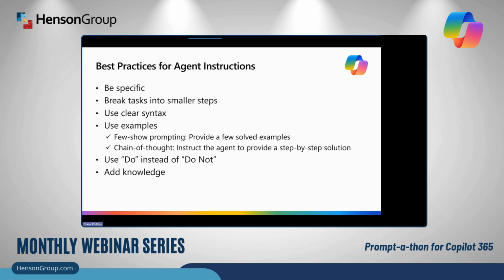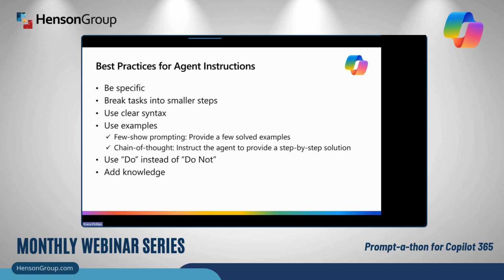So for agents, you want to be very specific, break any tasks down into smaller steps, use clear syntax, and examples can help it learn. You can either do few-shot prompting, where you're giving it some solved examples, or chain of thought, where you're asking it to create that step-by-step solution. Where possible, use do and not don't, because sometimes it gets confused.